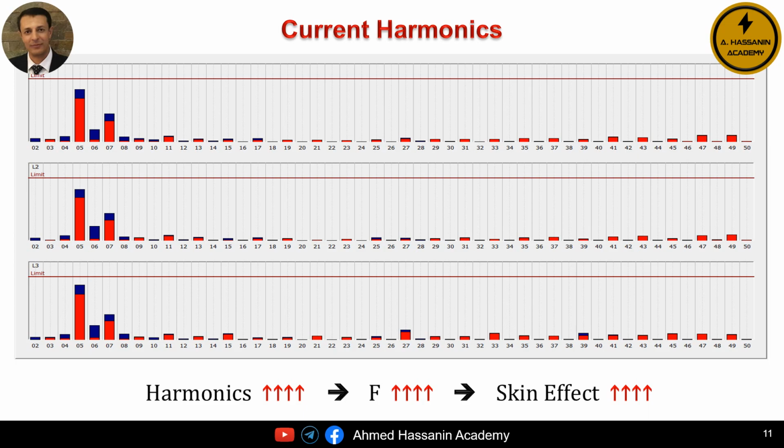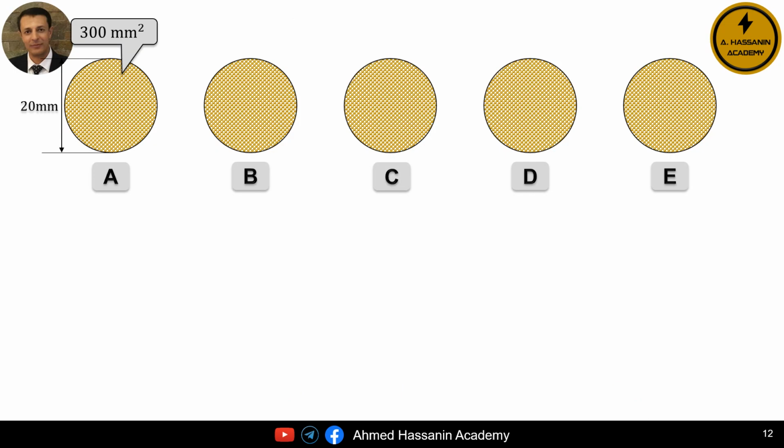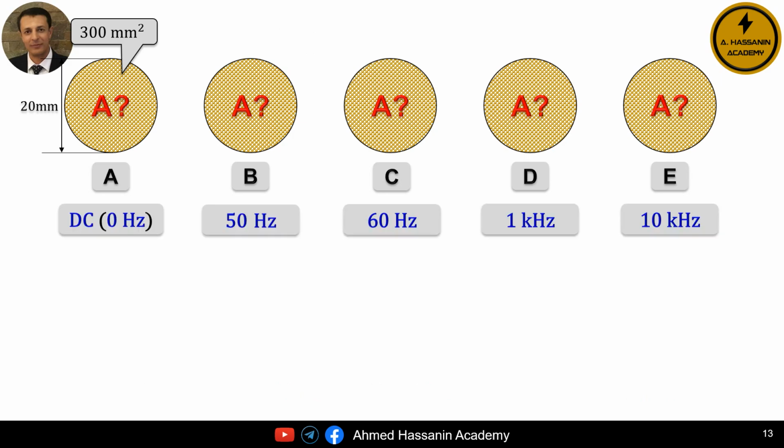So, how can we explain this? For example, if we have 5 copper conductors named A, B, C, D, and E, all with the same cross-sectional area, let's say 300 square millimeters, and approximately the diameter of the conductor in this case is 20 millimeters. As we can see, conductor A is used in direct current DC circuits, which means the frequency is of course 0.